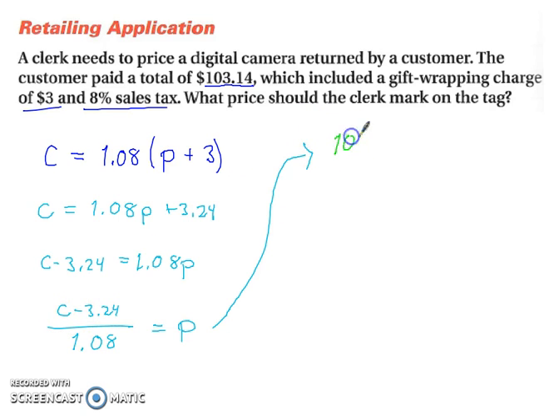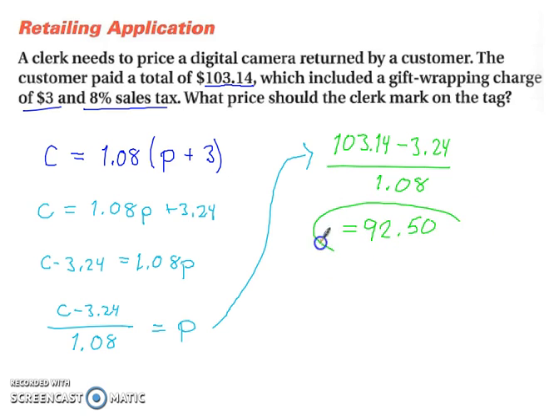So we have 103.14 minus 3.24 divided by 1.08, and that gives us 92.50. So this is the price the clerk should be putting on the digital camera.